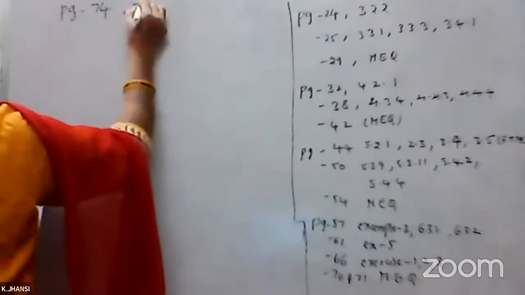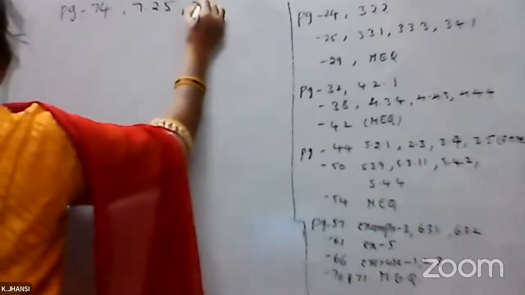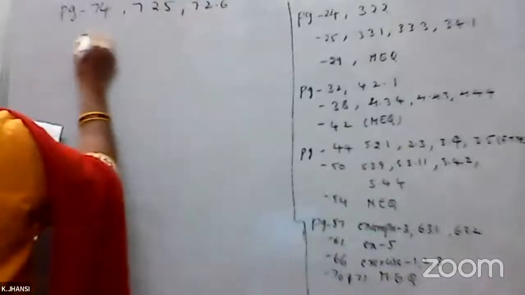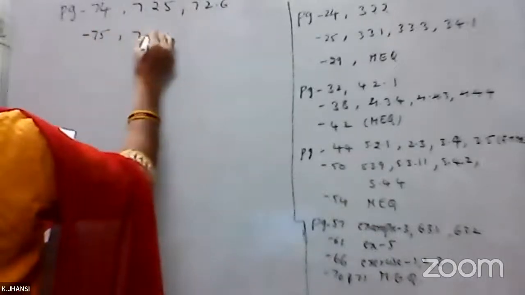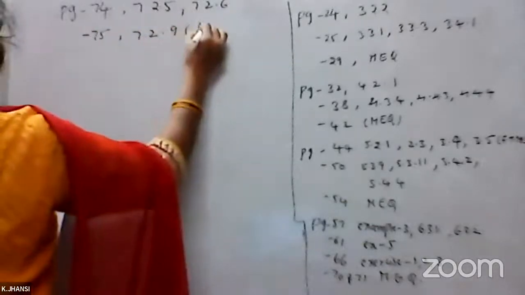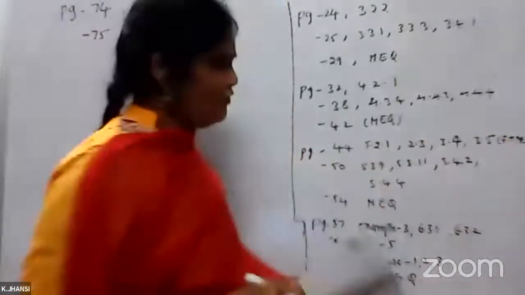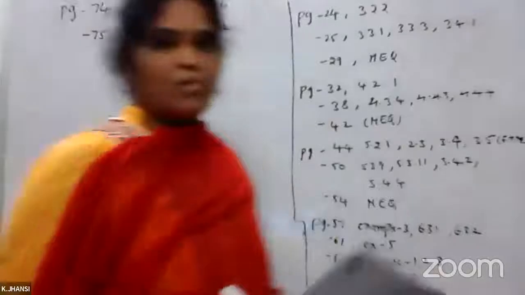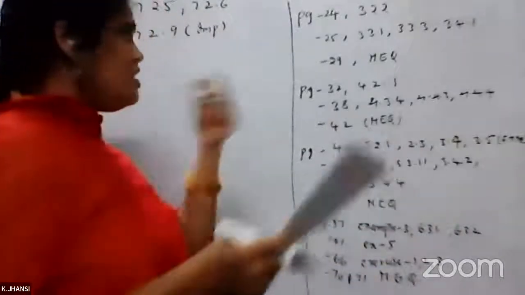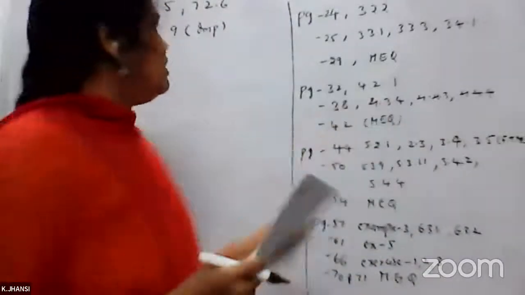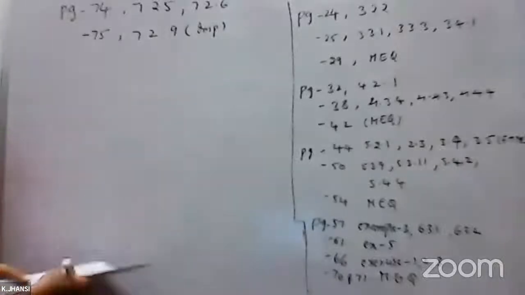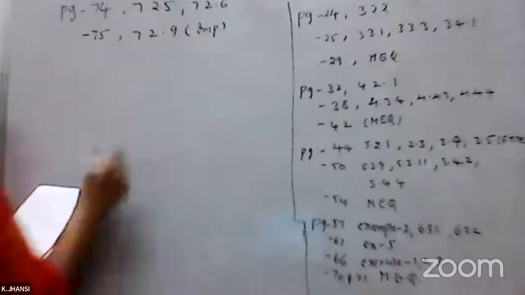Page number 74, this is the important one. What I have written as FTMS is the fundamental theorem of vector spaces. Similarly, here you have the important ones on page numbers 74 and 75.